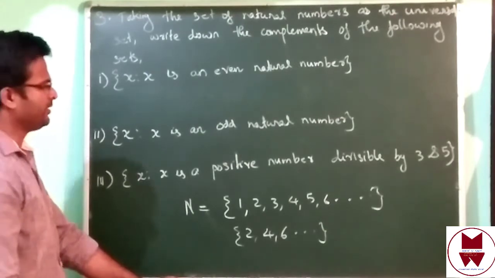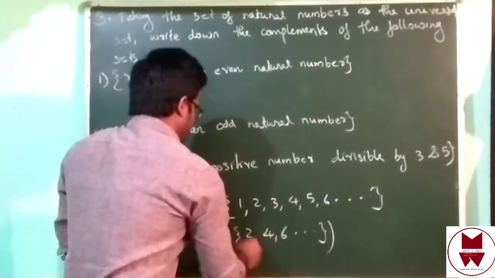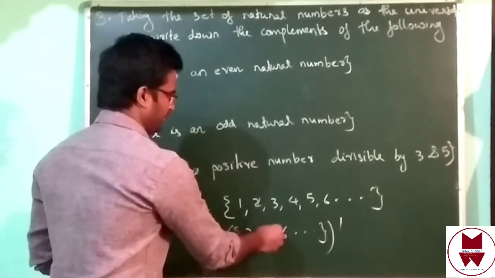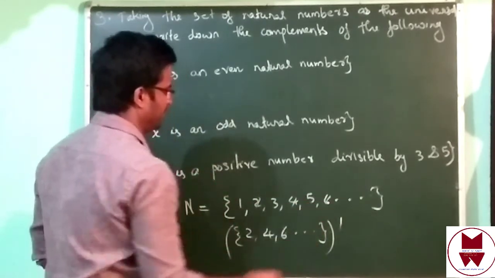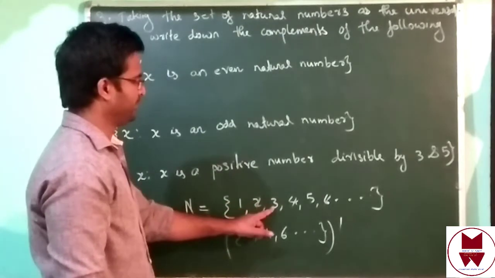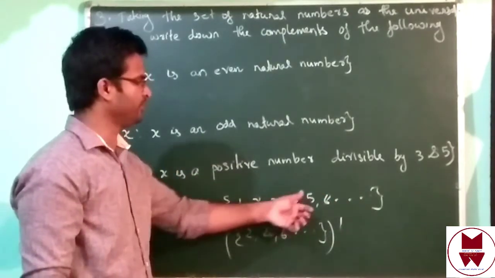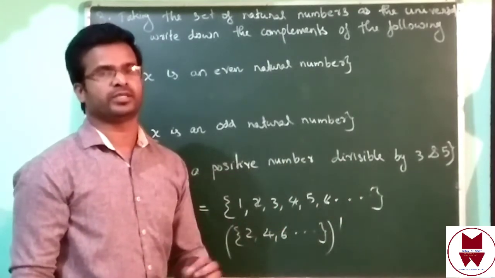When you take the complement of the given set, what will you get? This 2 I cut it, 4 cut it, 6 cut it. Then what is remaining? 1, 3, 5, 7. That is odd natural numbers, isn't it?